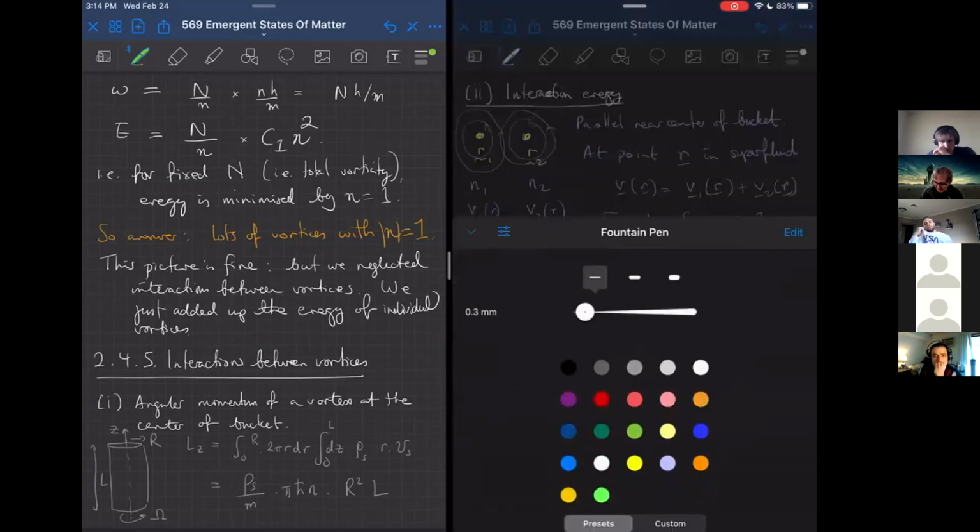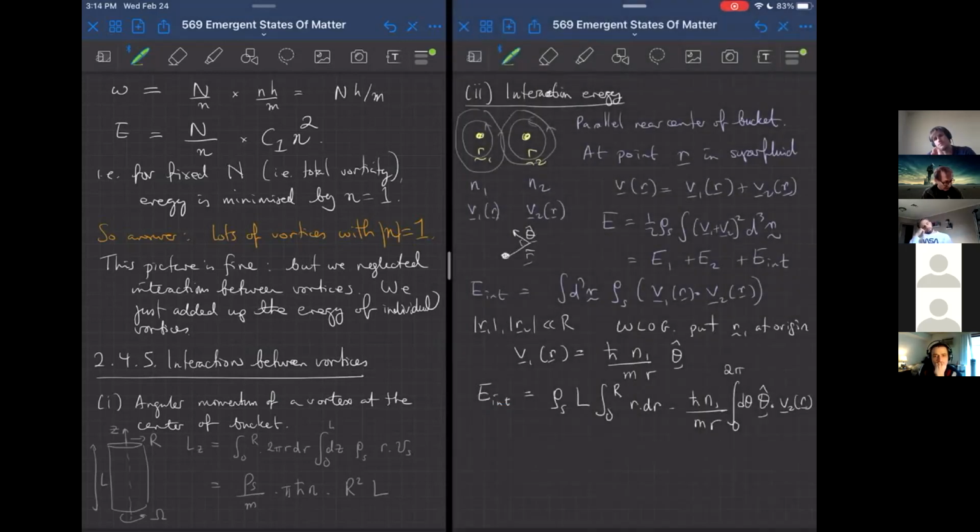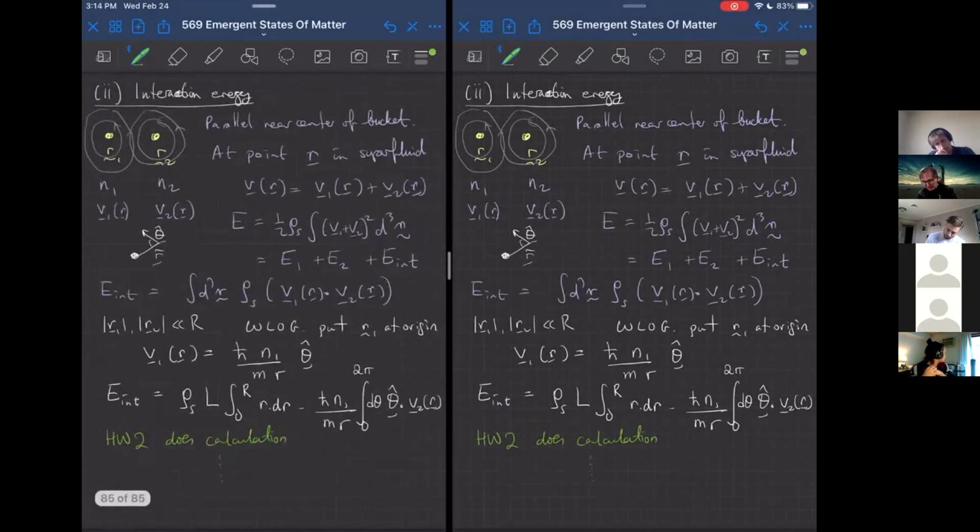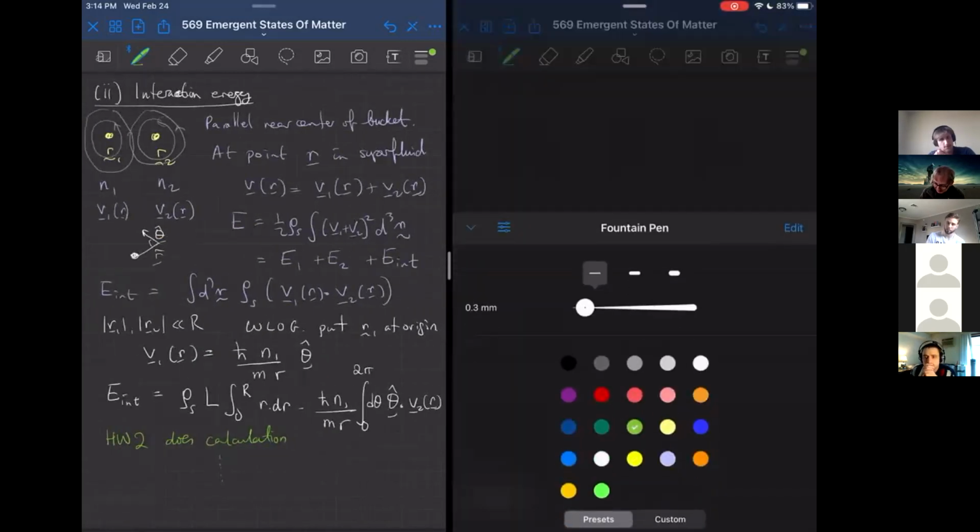Okay, so now I'm going to tell you the result of the calculation, and we're going to use this to see what happens to the stability of the vortex when we include these interactions. So homework 2 does the calculation. I'm going to just tell you what the result is going to be.